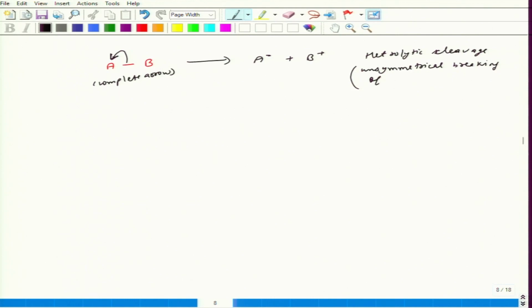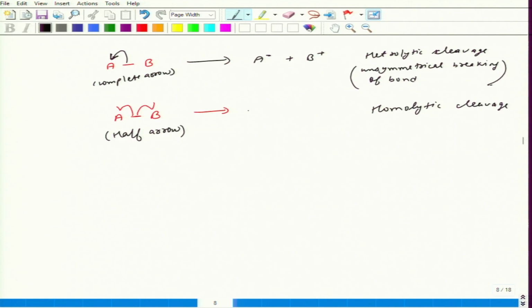Okay. On the other hand, what is homolytic cleavage, which I have shown in the previous slide, is this half arrow. I have shown this with a half arrow. This is called homolytic cleavage. What will it form?